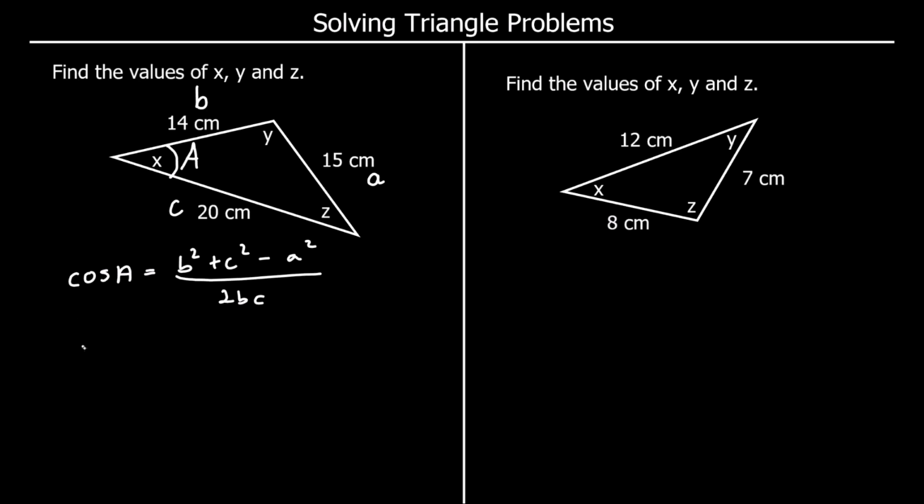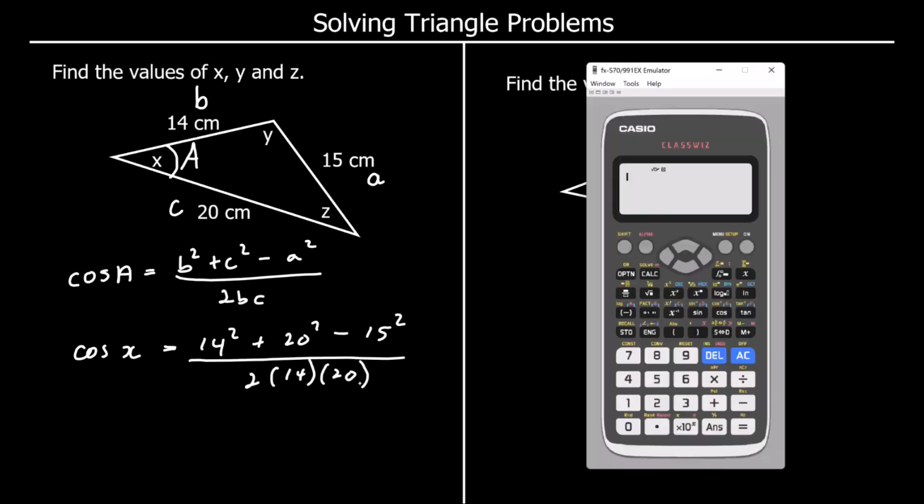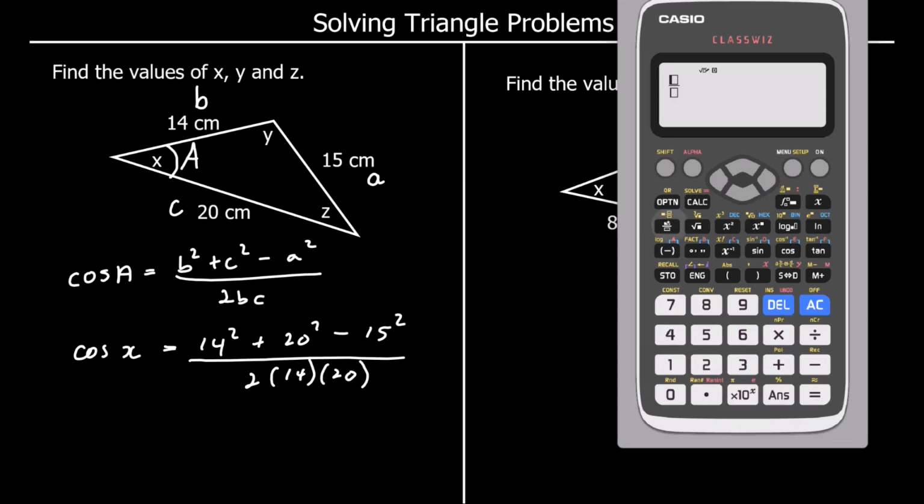So that would say cos x equals 14 squared plus 20 squared minus 15 squared over 2 times 14 times 20. And we can just type that into the calculator. And we get cos x is 0.6625.